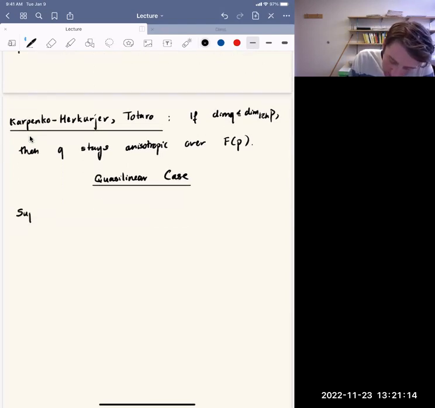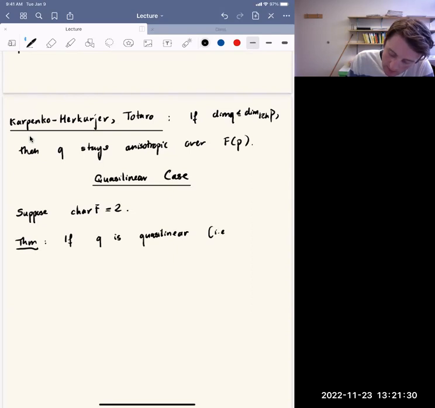So I'm now going to suppose temporarily that the characteristic of F is equal to 2, and then the theorem is that if Q is a so-called quasilinear form, what that means is it's a diagonal form.